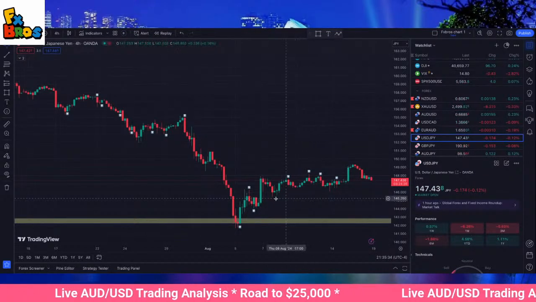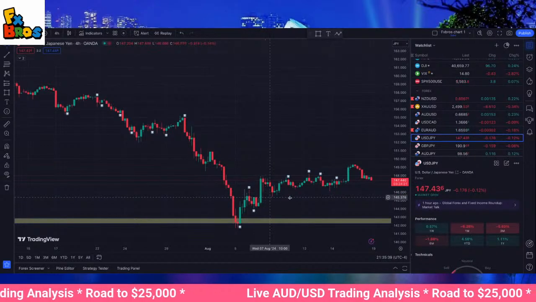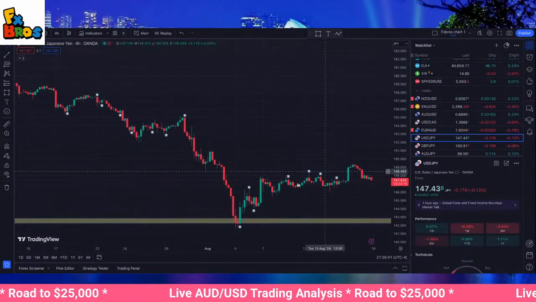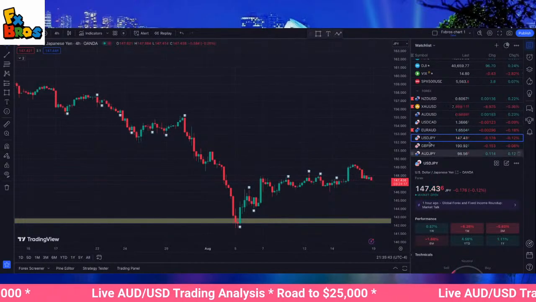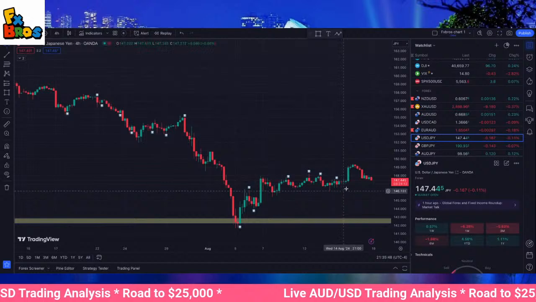Kind of the same scenario. We do have a gap here we could fill. It's possible we might come all the way down another 200 pips. I think that's kind of where I'm headed right now. So yeah, we're going to be monitoring this one for sure.